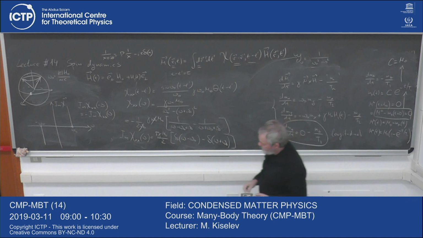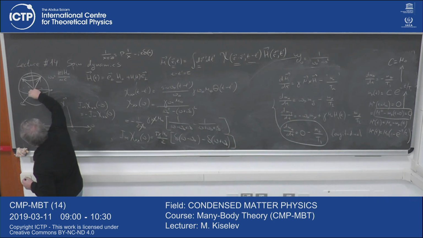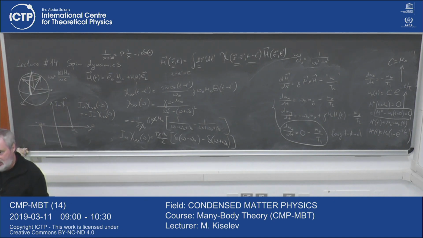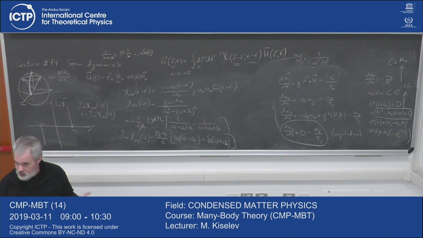So what happens is that your trajectory for mz goes to the north pole, and the relaxation describes, if you deflect your magnetization vector by putting it on your equator, how fast your system reaches the north pole.